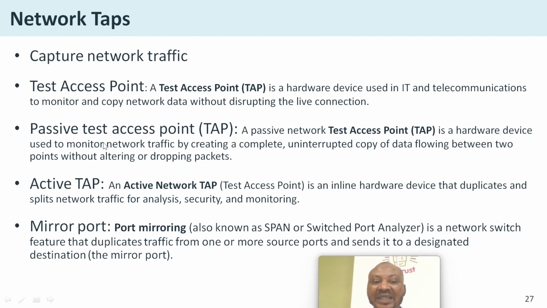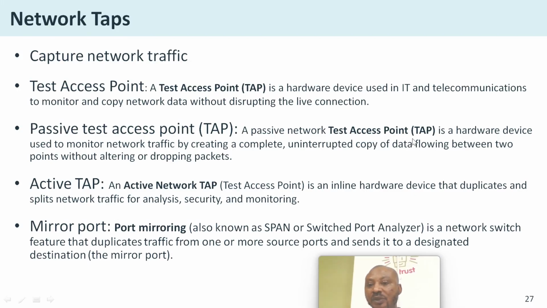We also have the passive and the active test access point. The passive one is just a hardware device you can use to monitor the traffic by creating a complete, uninterrupted copy of the data flowing. Let's take it again.